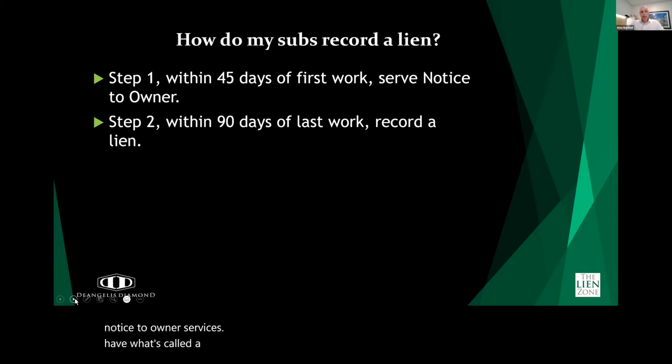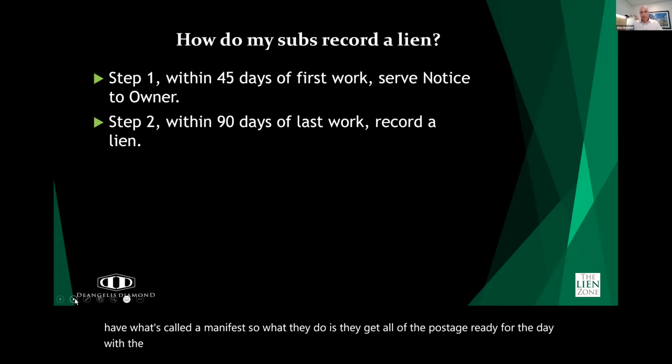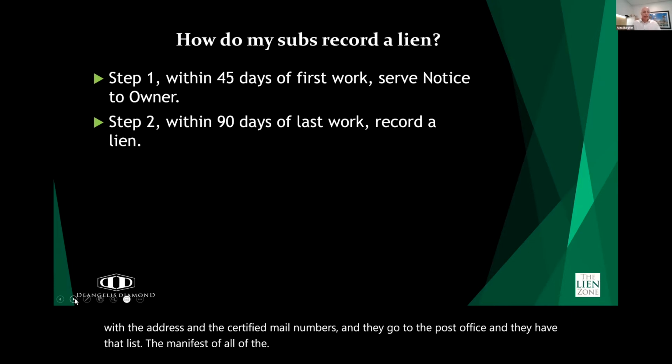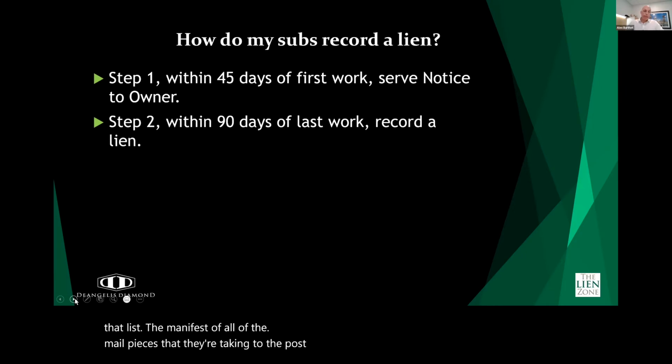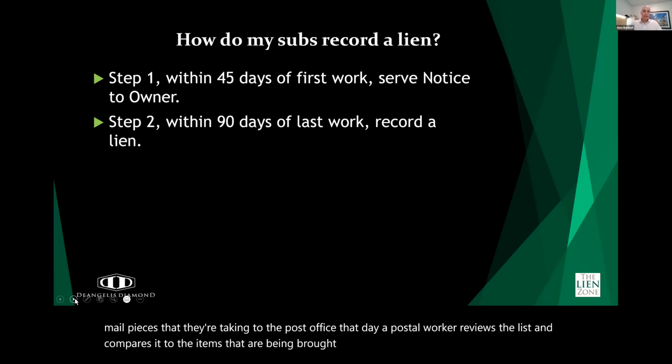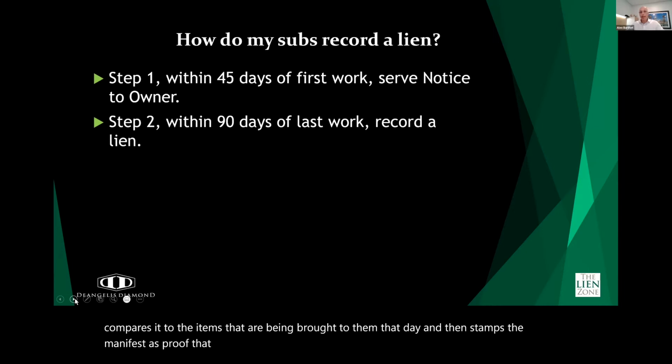So what they do is they get all of the postage ready for the day with the address and the certified mail numbers, and they go to the post office and they have that list, the manifest of all of the mail pieces that they're taking to the post office that day. A postal worker reviews the list and compares it to the items that are being brought to them that day, and then stamps the manifest as proof that those items were brought and accepted by the post office on that day.